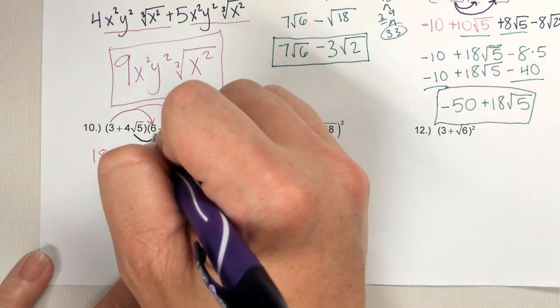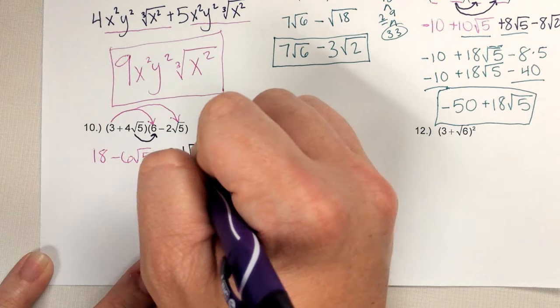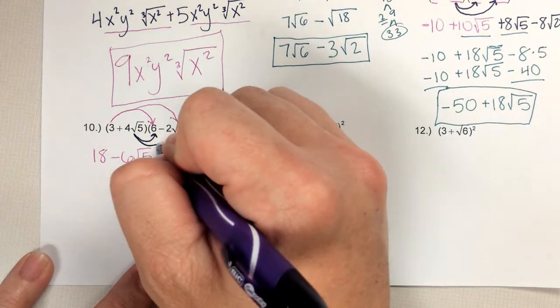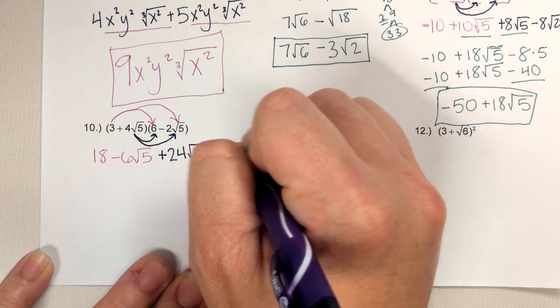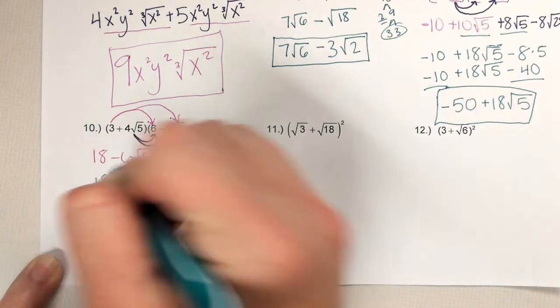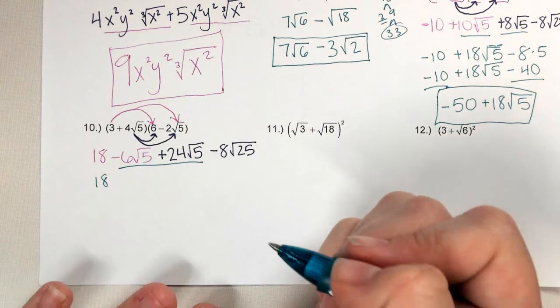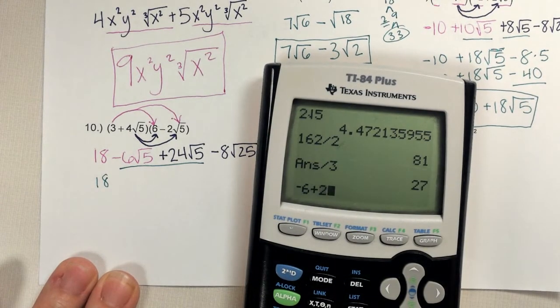4 square root of 5 times 6, well, 4 times 6 is 24 square root of 5. 4 square root of 5 times negative 2 square root of 5, well, 4 times negative 2 is negative 8. 5 times 5 is 25. Okay, so again, 18 doesn't have a like term, so I bring it down. These are like terms, so negative 6 plus 24 is 18.